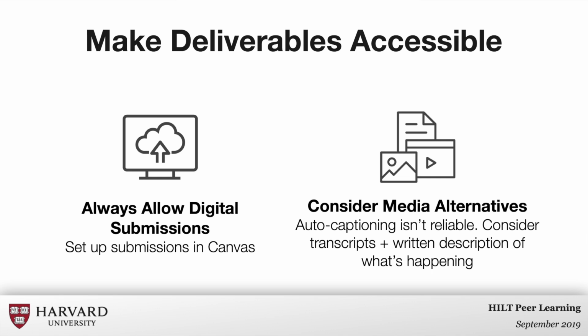And then if you are doing a group assignment where the deliverable is a media type of deliverable, like they have to create a video or some sort of presentation, definitely consider media alternatives.